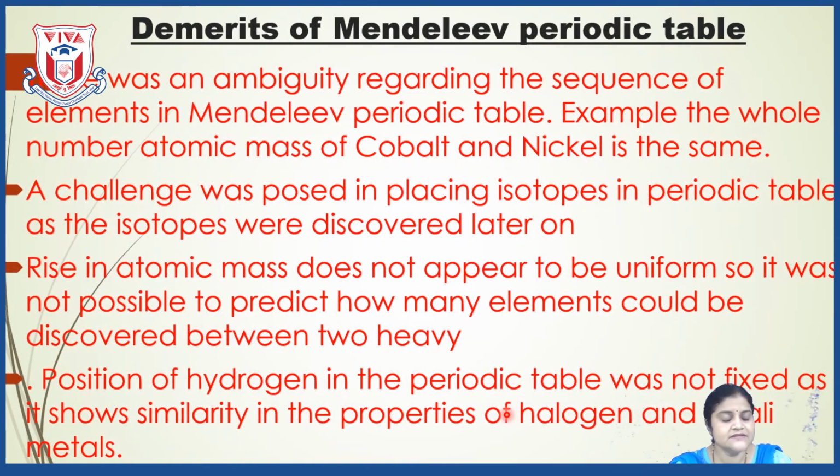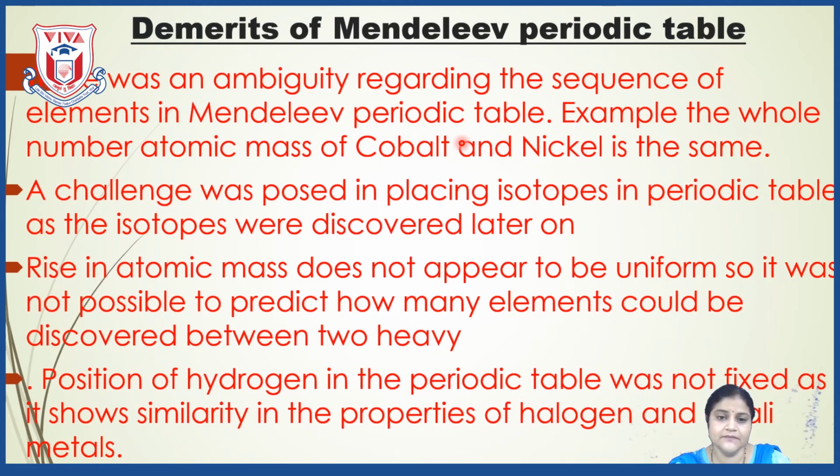As there were merits, there were some minus points also. Just go through the first point. There was an ambiguity, that is confusion, regarding the sequence of elements in the Mendeleev periodic table. The atomic masses of some elements, for example cobalt and nickel, were the same.